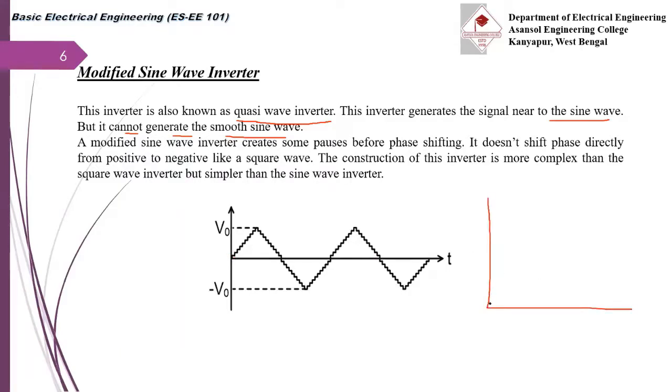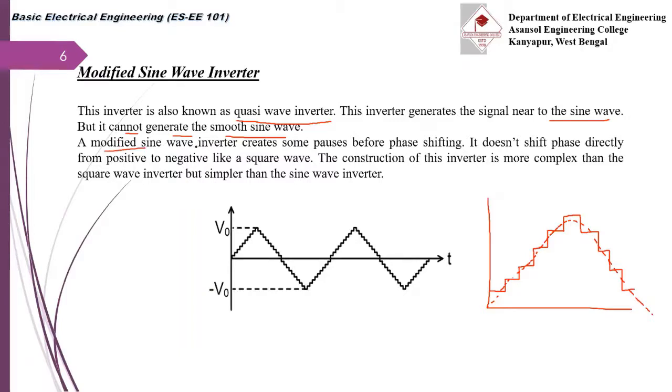If we magnify this one, then you will see that these steps are there, and if you draw their mean path, then it will be an almost sinusoidal waveform, like this. So that's why it is called a modified sine wave inverter.